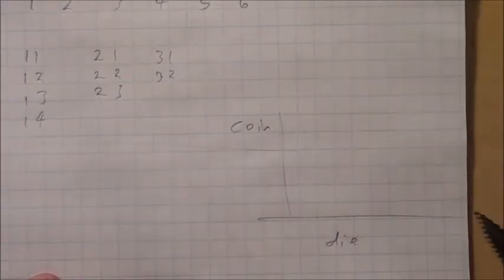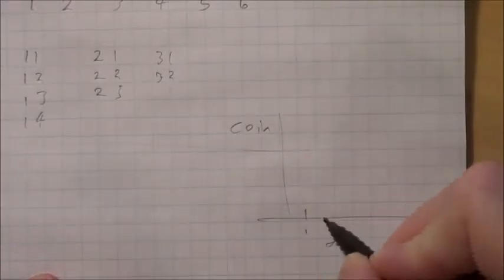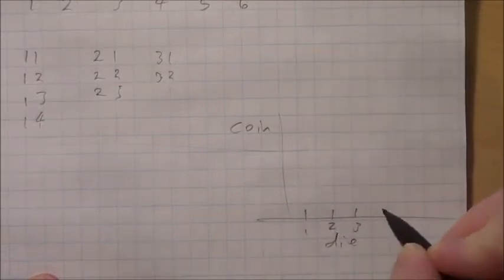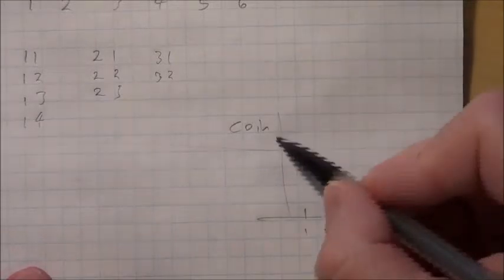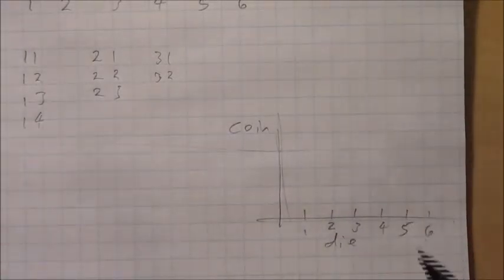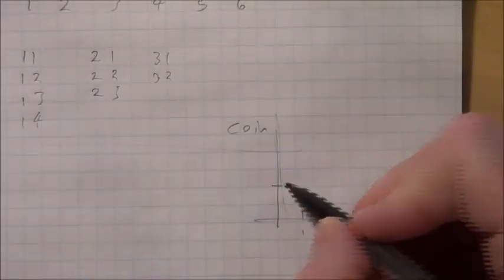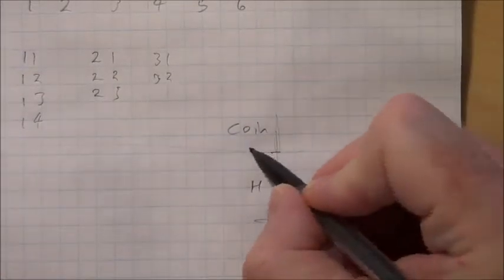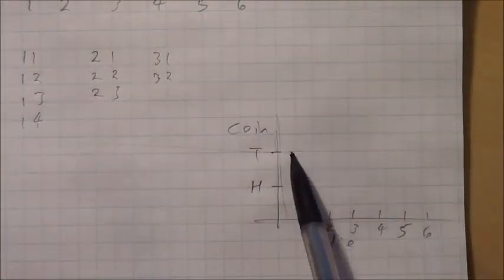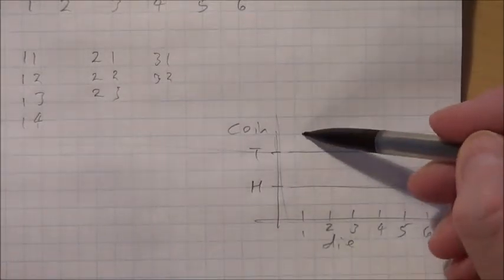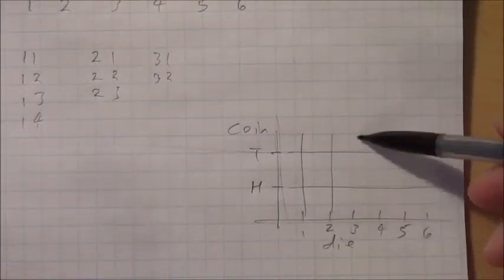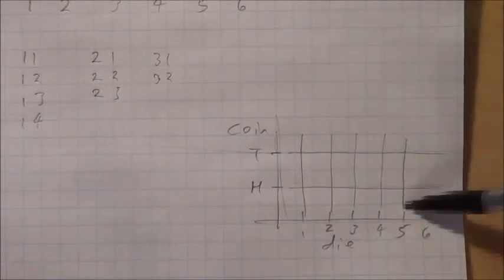If we do that, we've got 1, 2, 3, 4, 5, and 6 for rolling the die. I should be using a ruler, I apologize profusely. And flipping a coin, we've got heads and tails. So then what we can do is draw the grid, hence the two-dimensional grid form.